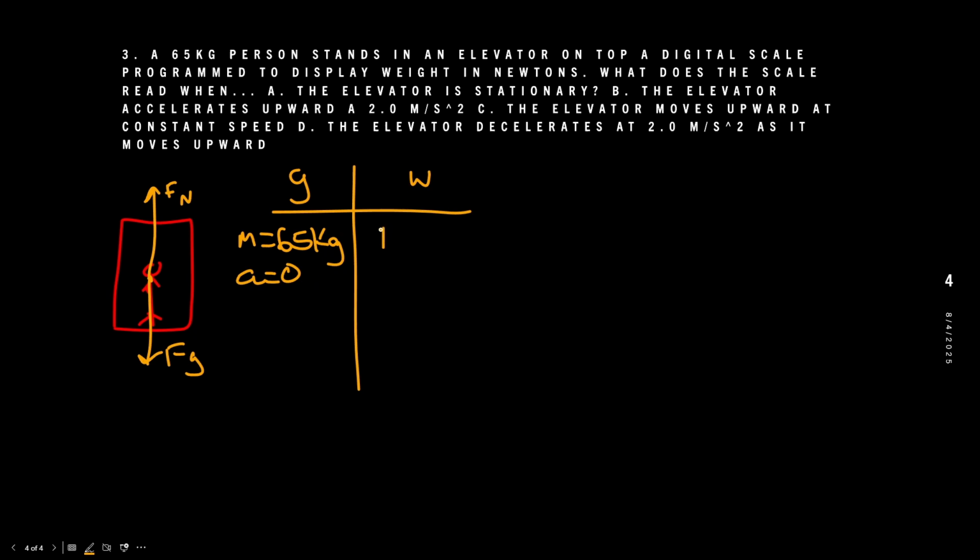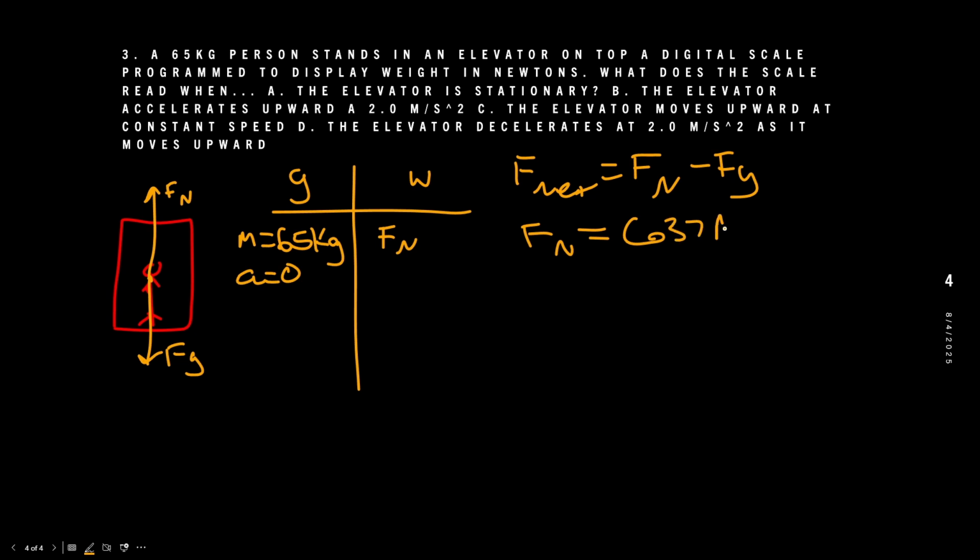And we still want to find Fn. So our equation would be the same as in part A. So F net equals Fn minus Fg. And then we plug in the same numbers as in part A. So I'll just cut straight to the answer, which is 637 newtons.